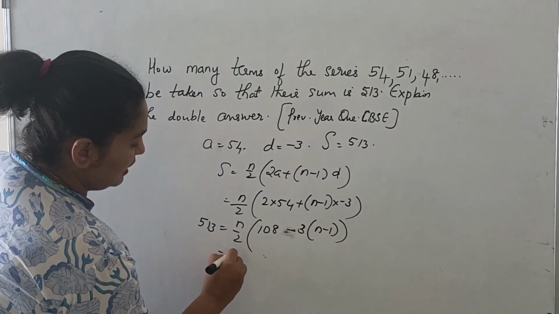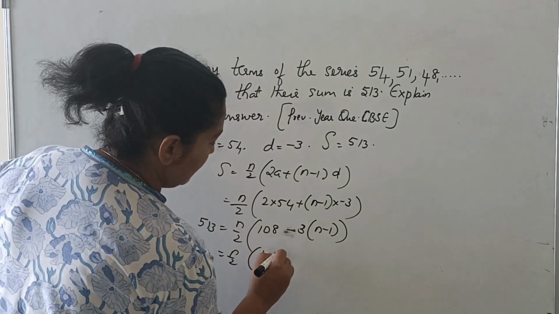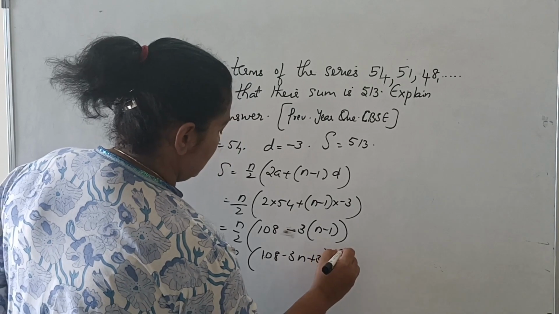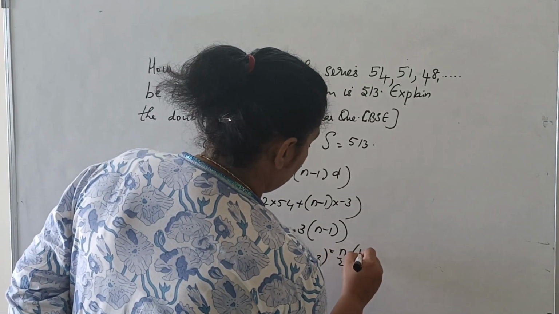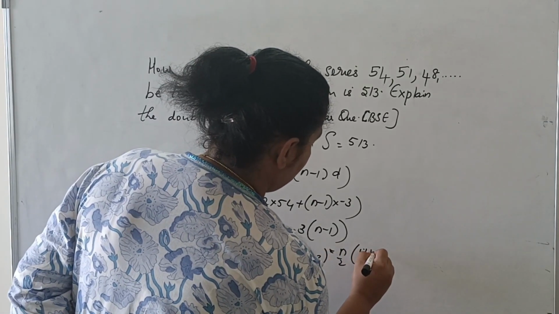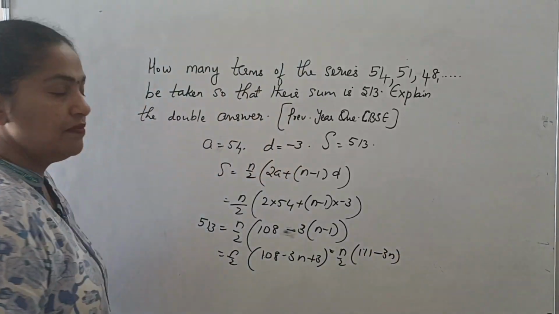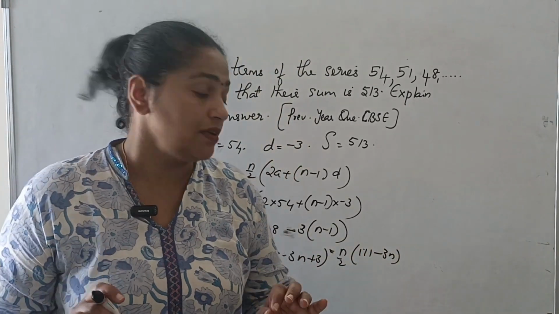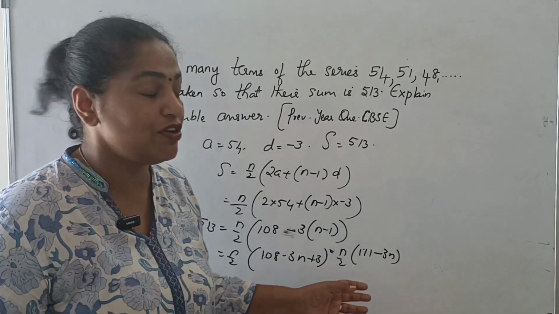Now I am going to open the inside bracket, which gives me 108 minus 3n plus 3, which is n by 2 into (111 - 3n). Now we have a quadratic equation in n.